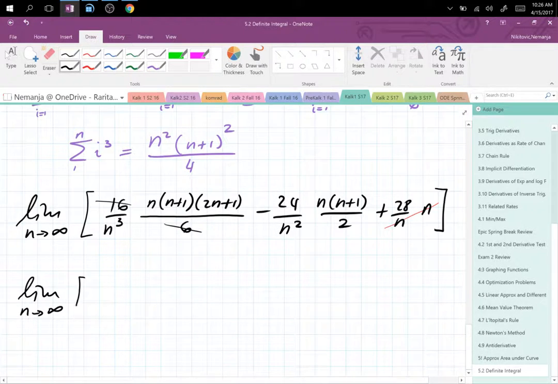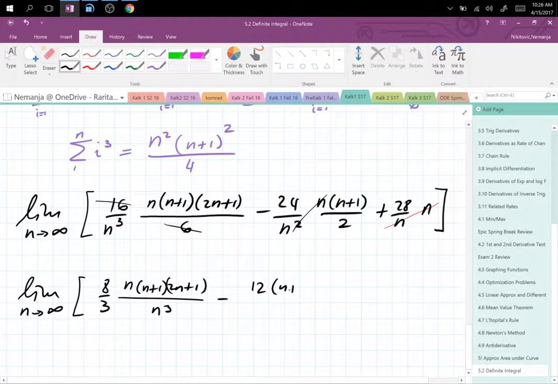So you have 8/3 times n plus 1 times 2n plus 1 divided by n cubed, minus, one of the n's drops, that's going to be 12 times n plus 1 over n, and then plus 28 at the end.